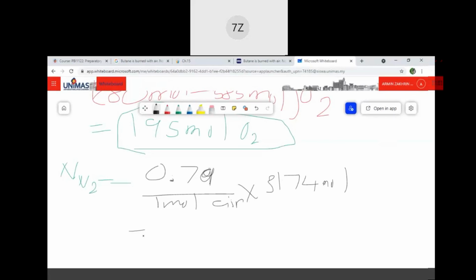So you multiply it and you get 2934 mole of N2. So that's how we get it.